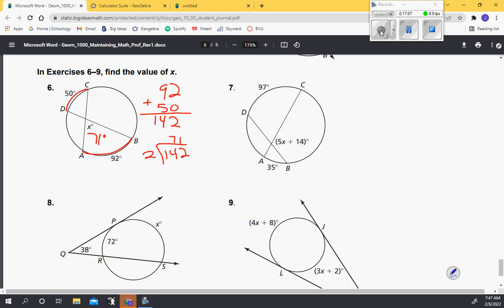But based on our theorem from the last problem, we'd take this arc, add it to this arc, and divide it by 2. Okay, but we don't know what those arc measures are. And we cannot assume that AC is the diameter. We cannot assume that it goes through the center because there's no center point given to us.